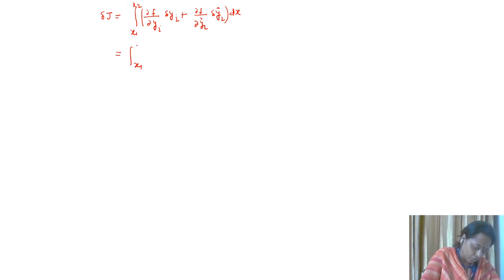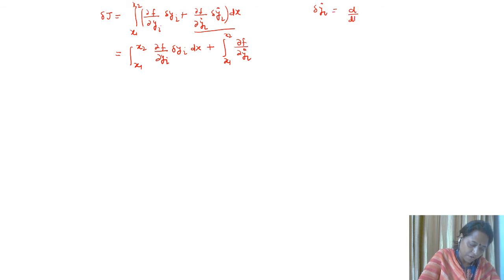Now break it into two parts, delta F by delta yi dx, and for this part I'll write delta F by delta yi dot, and this delta yi dot may be written as derivative of delta yi, right?